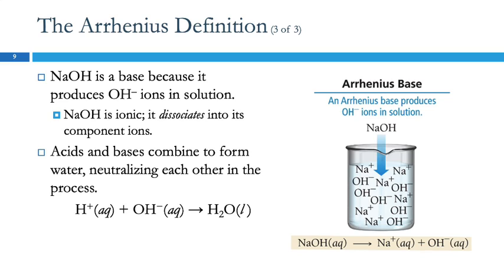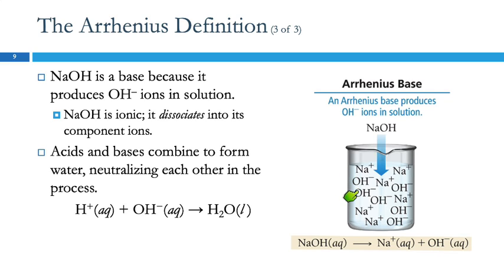So the Arrhenius definition of a base. A base produces hydroxide ions in solution. So sodium hydroxide is a base. Dissolve sodium hydroxide, which is an ionic compound, in water. We don't say it ionizes, we say it dissolves. It separates, or dissociates, into its individual ions, sodium ions and hydroxide ions.